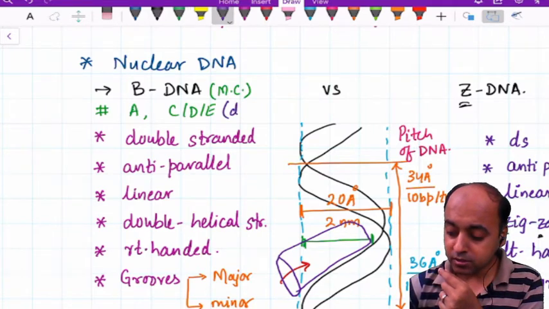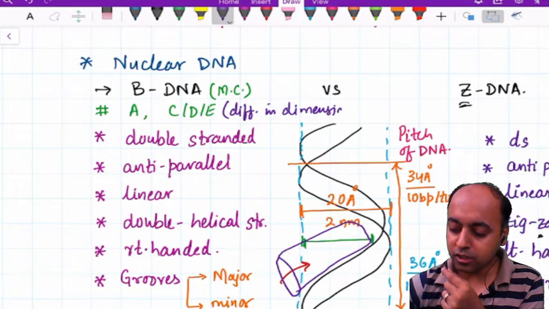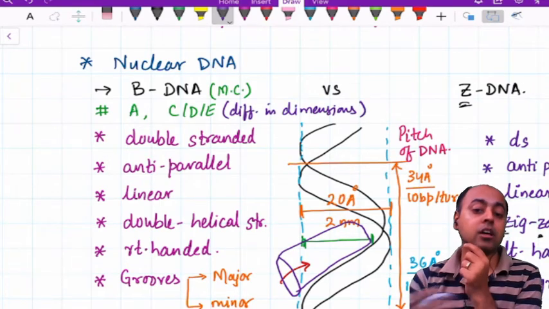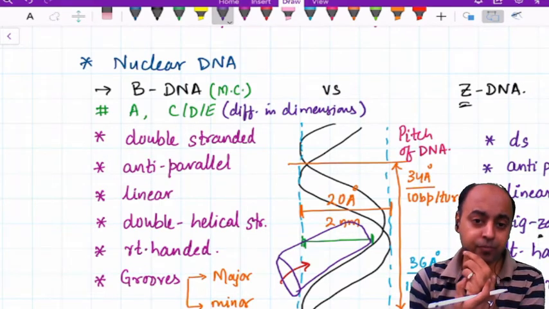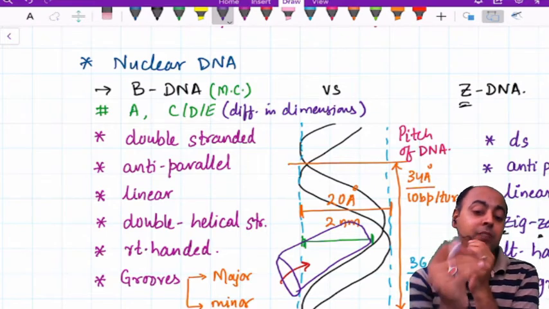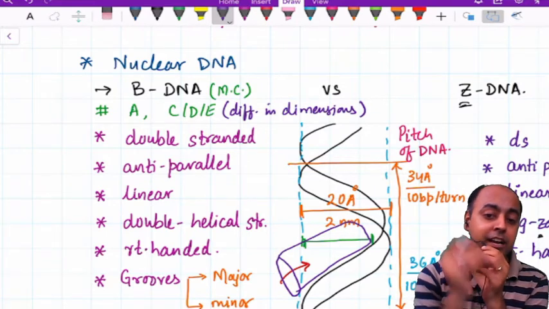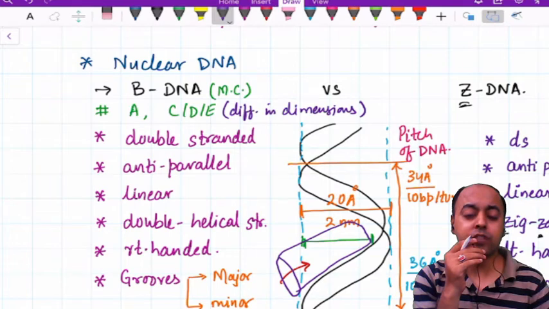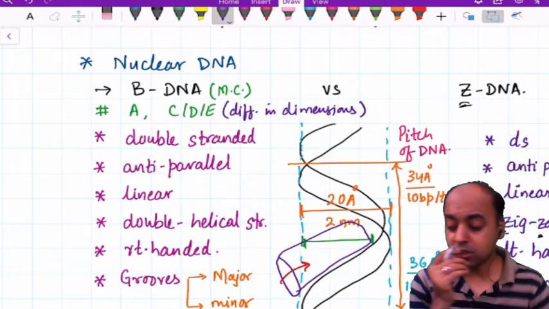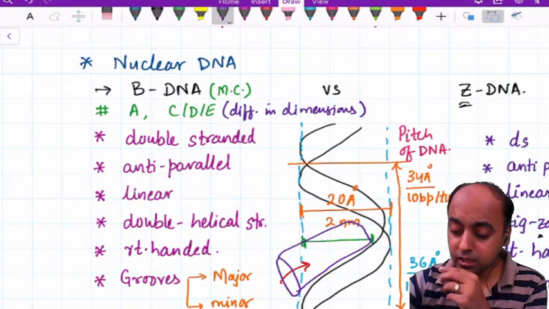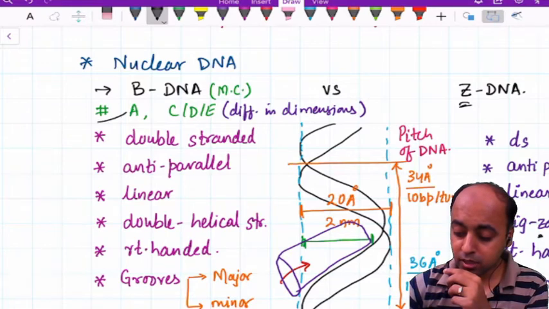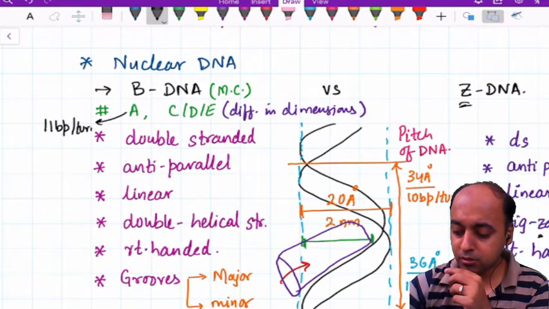Only difference is in dimensions. Dimensions means the pitch of the different conformations will be variable. Otherwise, they will be double stranded, anti-parallel, linear, double helical structure, right-handed, and will have the major and minor grooves. Only difference is there in the dimensions for the A, C, D, and E forms. The A type will have 11 base pairs per turn.